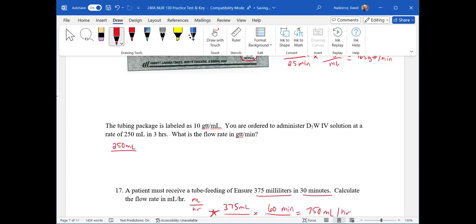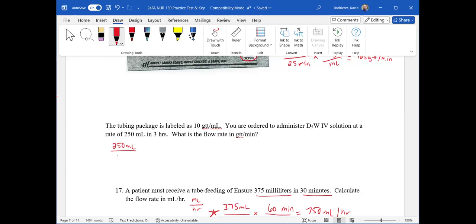Now, I'm going to challenge you because you know you're going to be calculating for minutes anyways. I would just say when you're doing drop rate questions, right off the bat, convert hours to minutes. You can set this up dimensional analysis, so I'll show you that way. Or you can just go right to putting the minutes at the bottom, but I'll show you the longer way first.